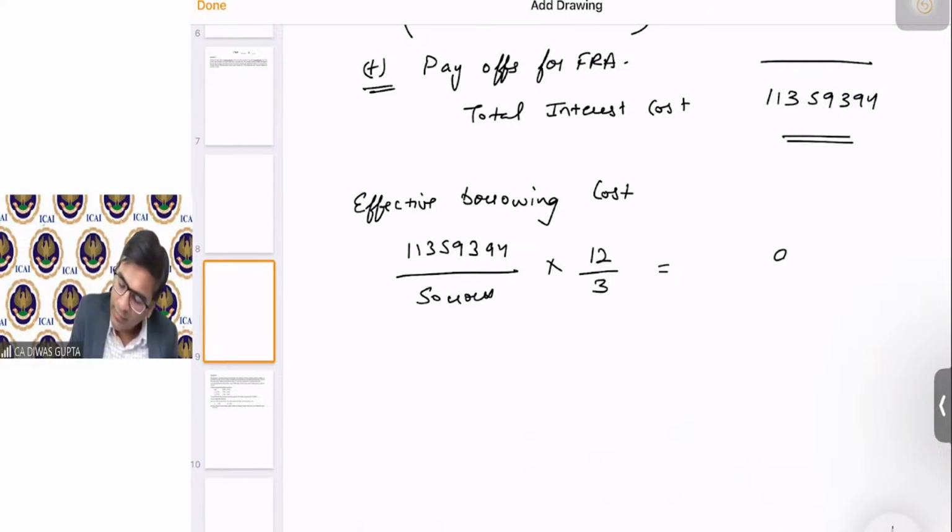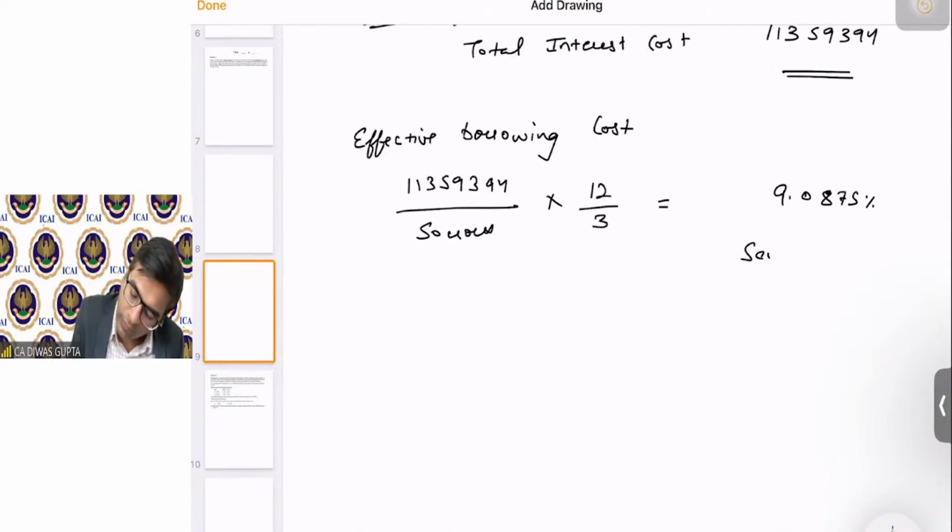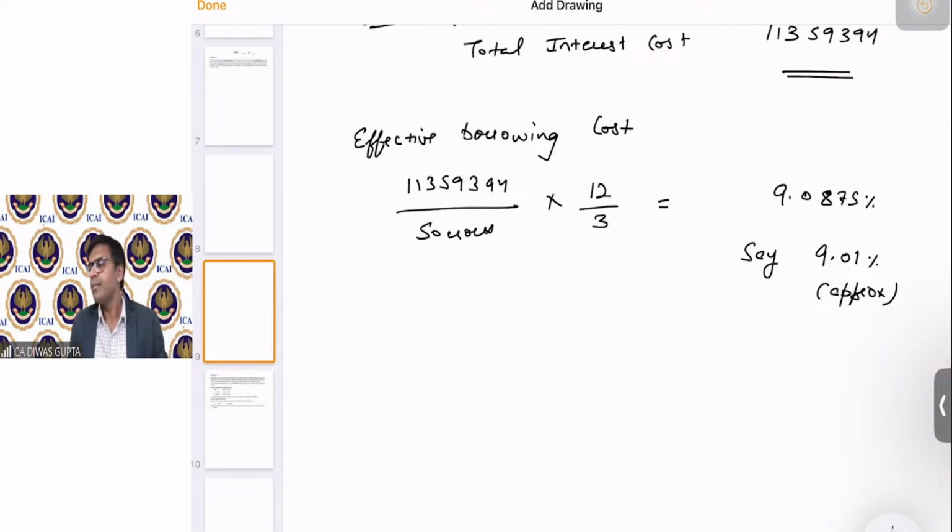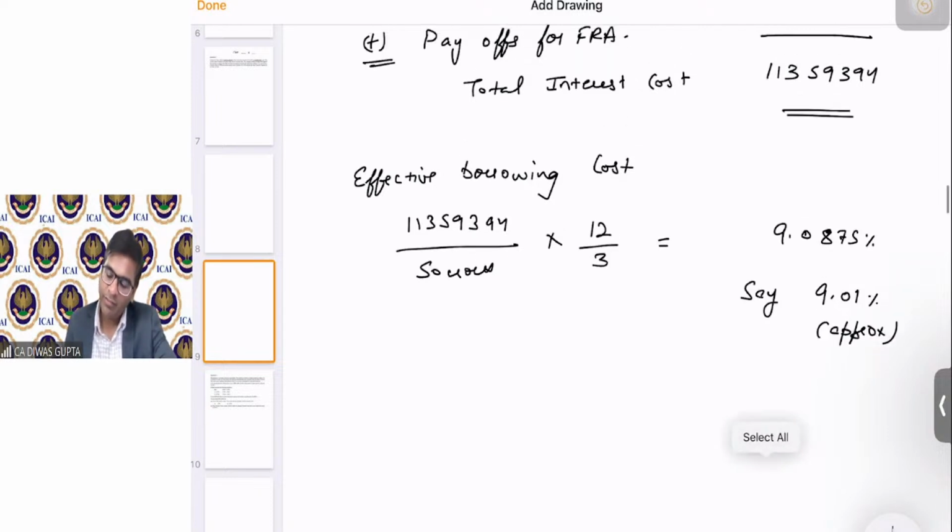This comes as 9.0875 percentage, or say 9.1 percentage approx. Okay. So in a way, the effective borrowing cost again has been restored to 9.1 because we have committed the rate of 9.1 percentage, students.